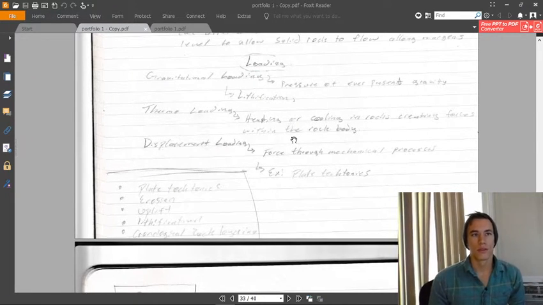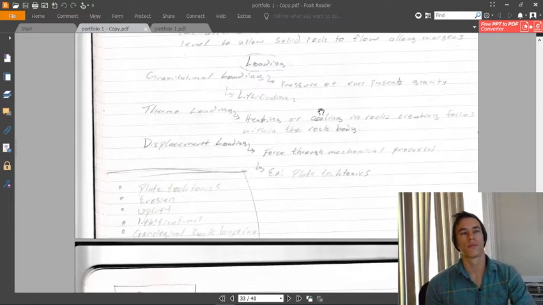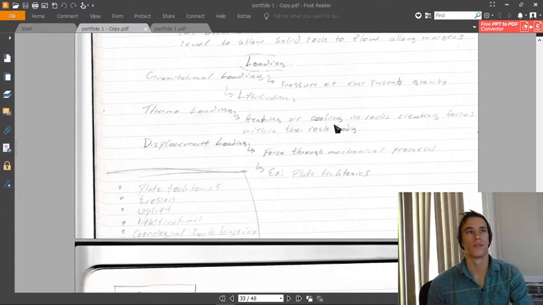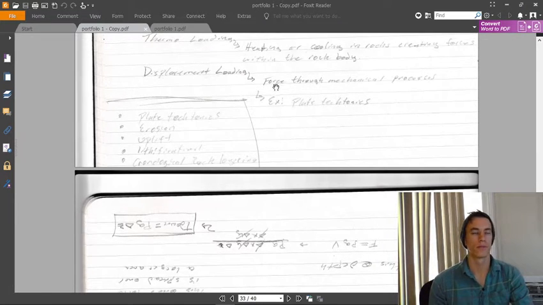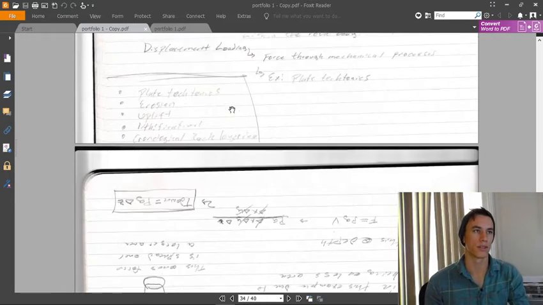Thermal loading: heating or cooling in rocks, creating forces within the rock body. If you heat up a rock, it's going to move particles around depending on where the heat is. Displacement loading: force through mechanical processes, like plate tectonics, something changing in position in relation to something else.